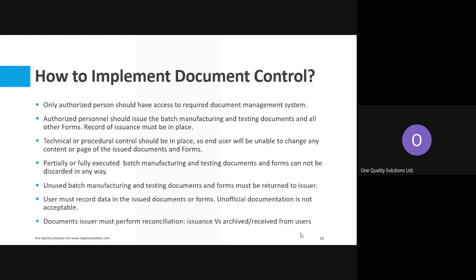Authorized personnel should issue the batch manufacturing and testing documents and all other forms. A record of issuance must be in place. So if only authorized personnel issue the documents and testing documents, there would be no other copies or documents in the workplace. So end users cannot discard any documents in the trash bag.